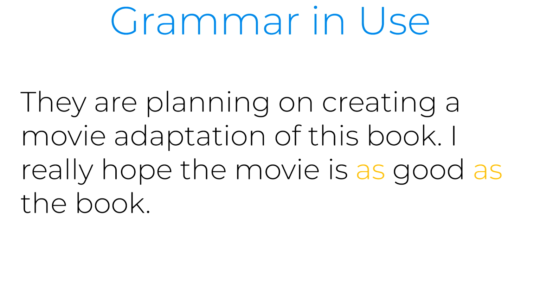This person is reading a book. Now, he likes the book. He thinks it's fantastic. And they're planning on creating a movie adaptation of the book. So they're going to make a movie about the book. And this person really hopes that the movie is as good as the book.